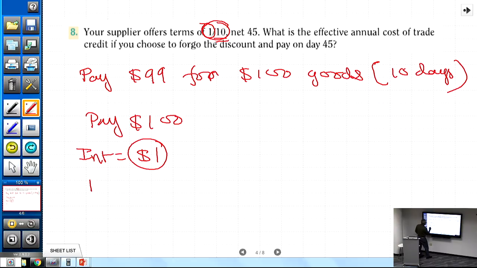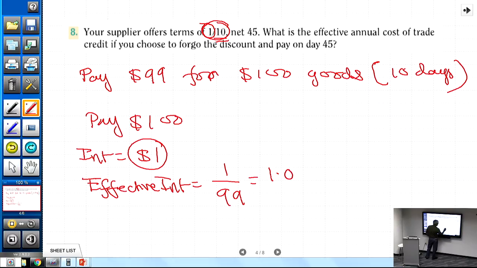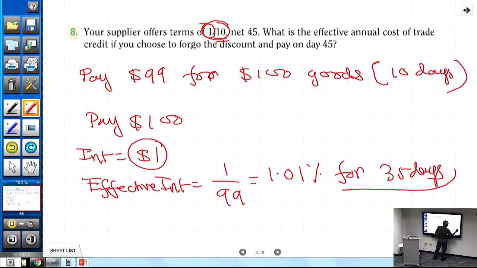So the effective interest is 1 over 99, which is 1.01%. That's 1.01% for 35 days, right?